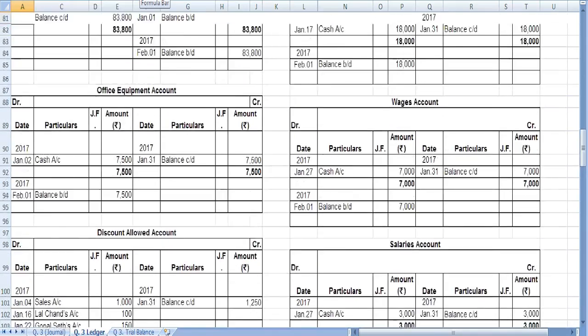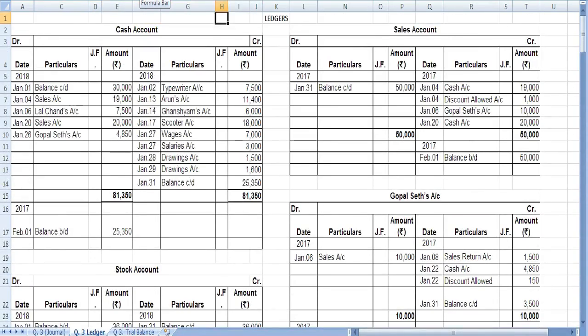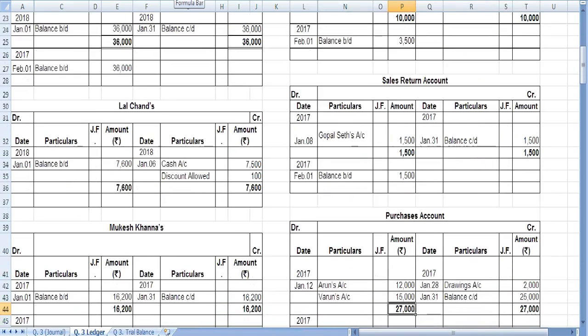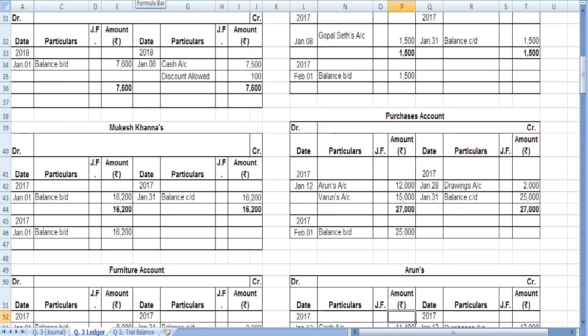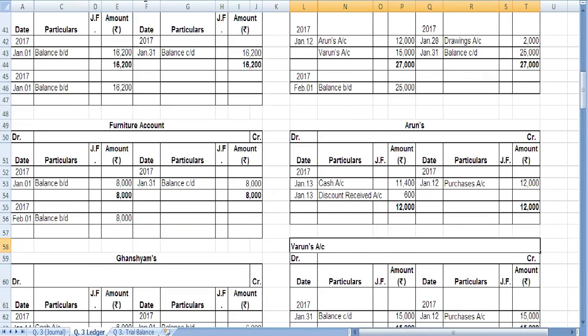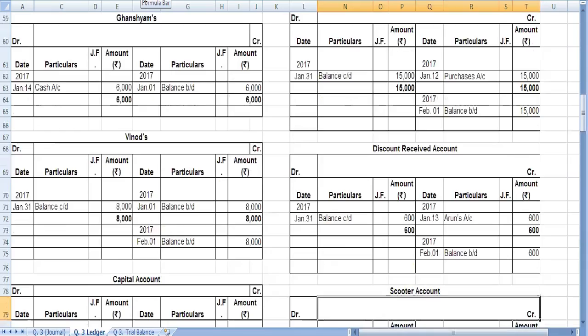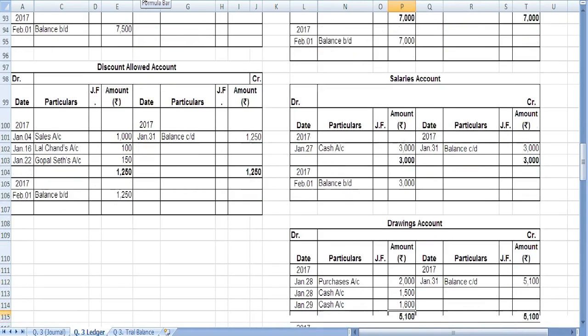Okay, and then on this side we have got sales, Gopal Seth, sales return, purchases, Arun, Varun, discount received, scooter, wages, salaries, drawings.